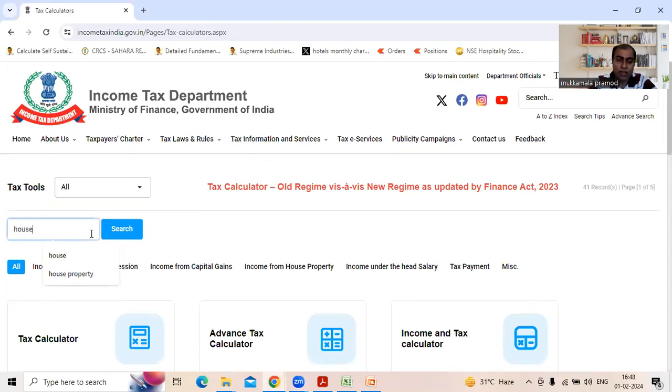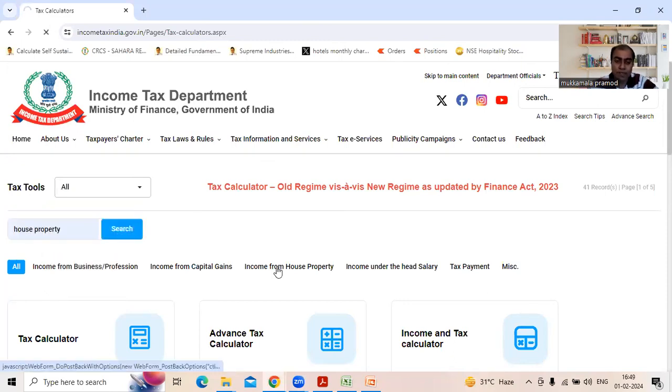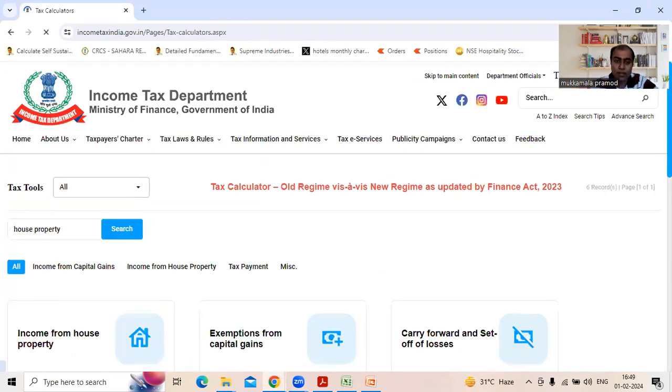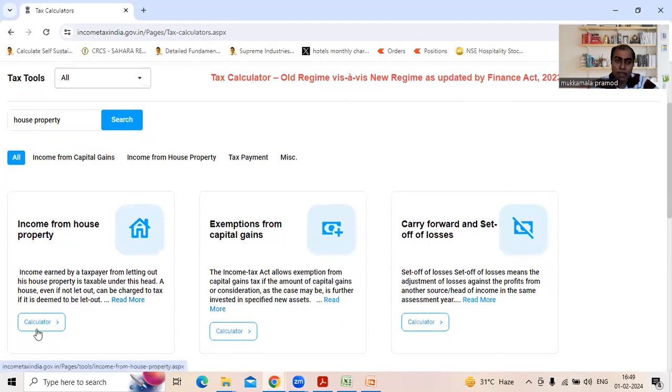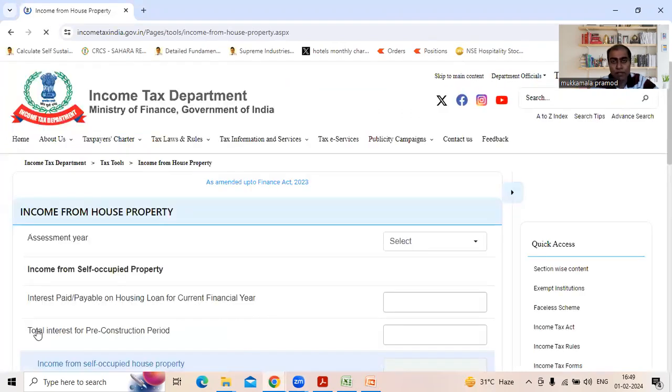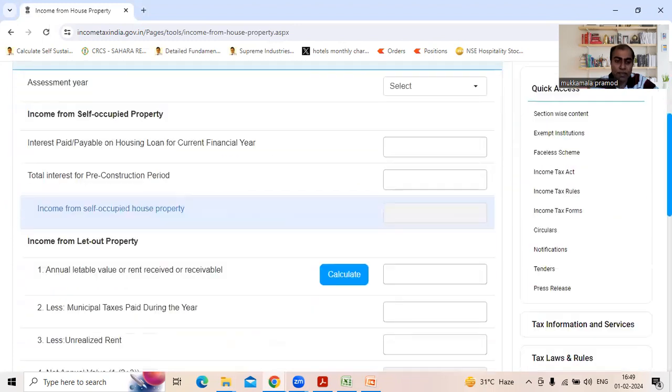Here you can enter the house property and then search for the tax calculator. This tax calculator is available from Income Tax of India website. So you can use that when you are calculating the net annual value. I'll show you using the same example.